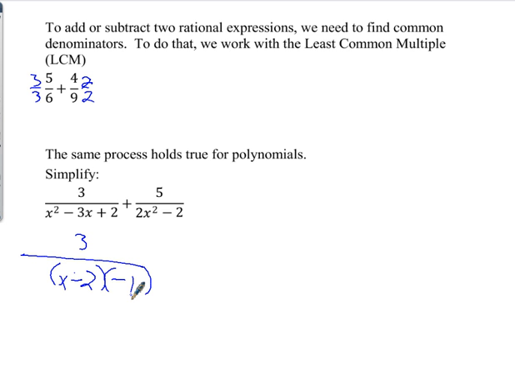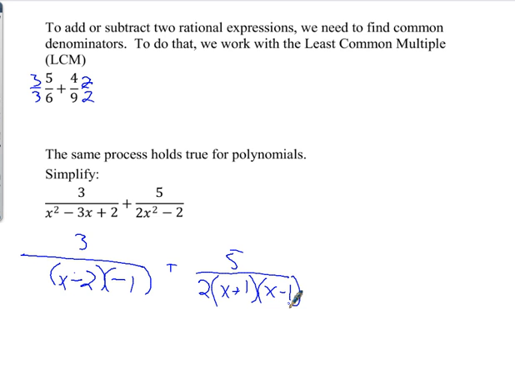Okay. Then we have plus 5 divided by, can I factor that? Probably yes. So I pull the 2 out. X squared minus 1. Right, so this whole thing turns into 2 times x plus 1 times x minus 1.